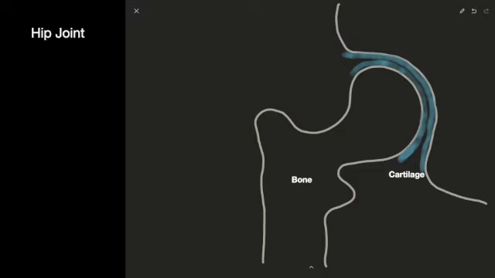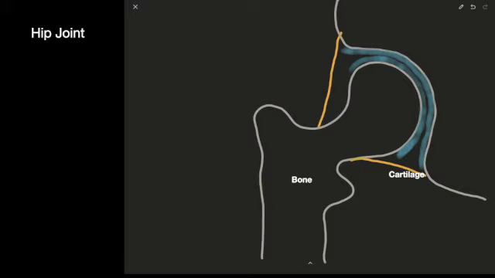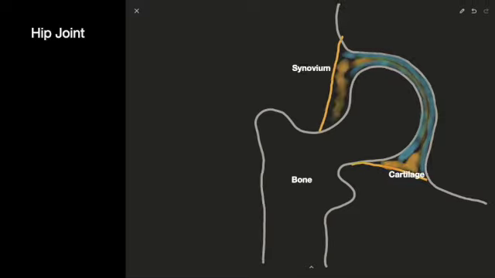And the femoral head, as well as the acetabulum, is covered with cartilage. This is shown by that blue line here. The cartilage is covered by the synovial membrane and the synovial fluid here in yellow. That helps with lubrication of the joint.